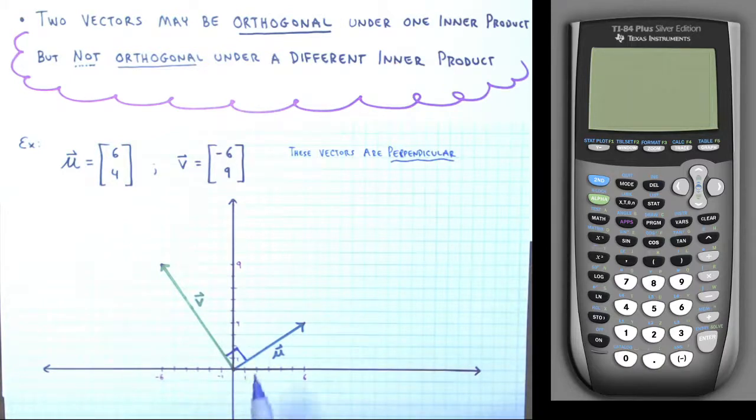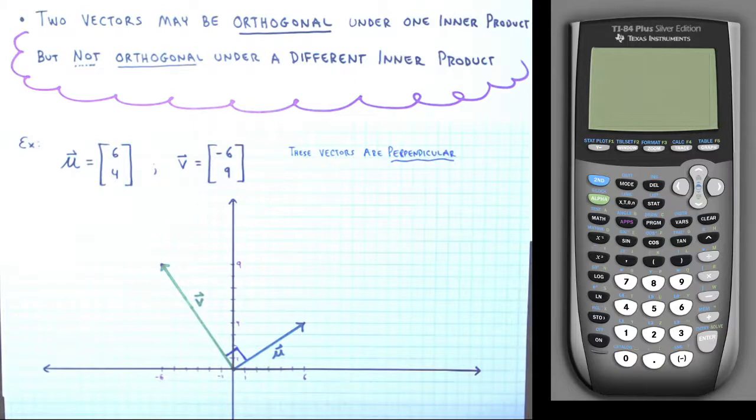So just because you see vectors are perpendicular, that doesn't mean they're orthogonal. They may be orthogonal under one inner product, but not orthogonal under a different inner product.